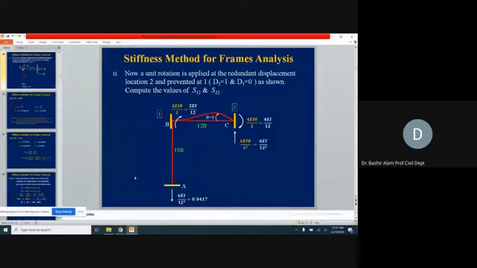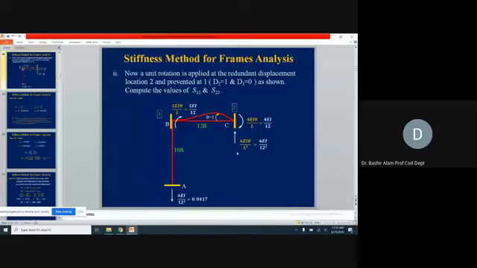So this horizontal balancing couple is 0, and the member end moments are also equal to 0. So this member AB in this case will be having only this axial force, which is 6EI over 12 square, which is coming as a result of the vertical reaction from member BC now.